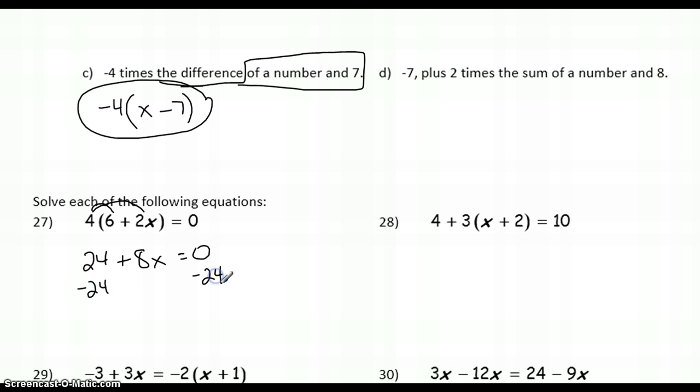Showing the subtraction is a good step. I'd like to see that. Now I've got 8x equals -24, and again I'm going to show that I'm dividing both sides by 8 to get that x by itself. My x is equal to -3.